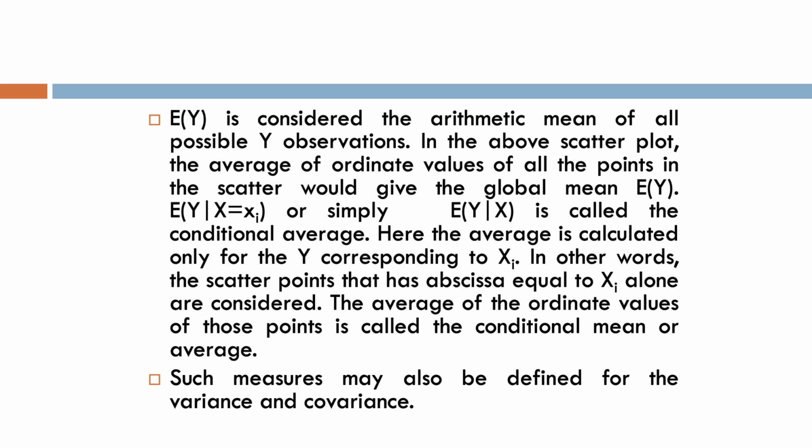In other words, the scatter points that have abscissa equal to x i alone are considered in finding the conditional average of y in this case. The average of the ordinate values of those points is called the conditional mean or conditional average. Such measures may also be defined for the variance and covariances.